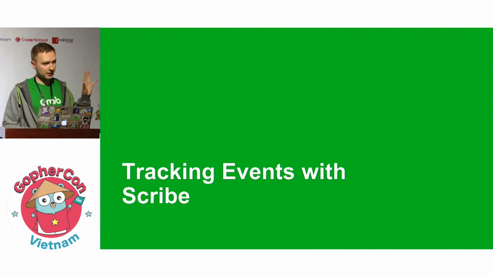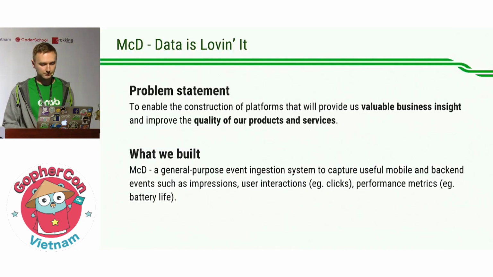Now let's talk about the data ingestion part. After building an experimentation platform, and initially we did it in Go, we said, well, it really works. Now we want to have it on our mobile apps as well. And we really need to think about scaling our data ingestion part.